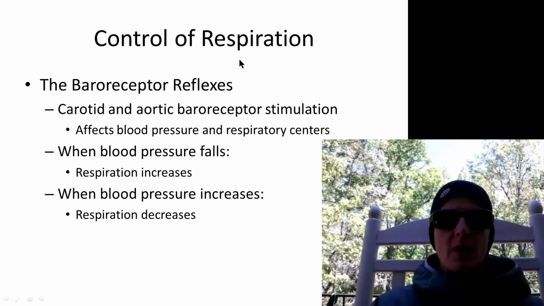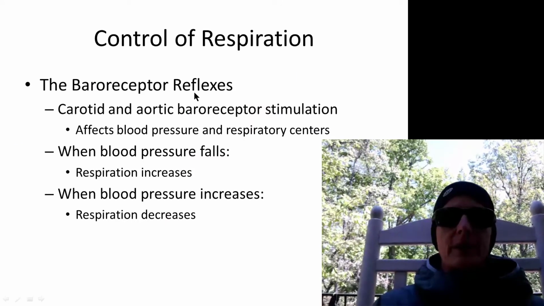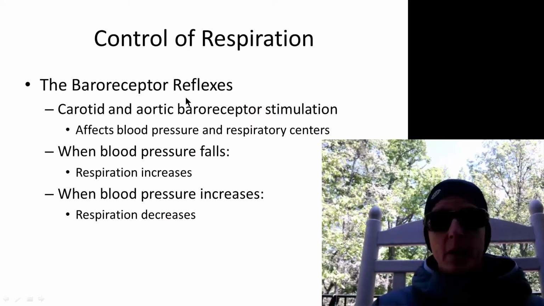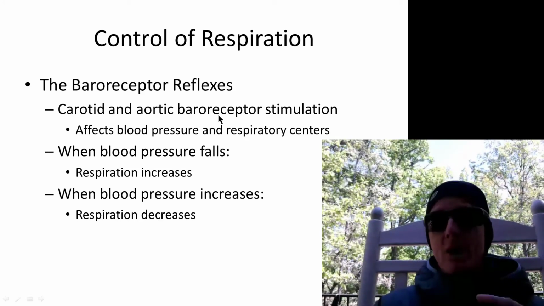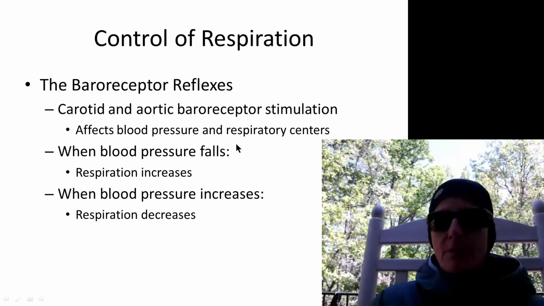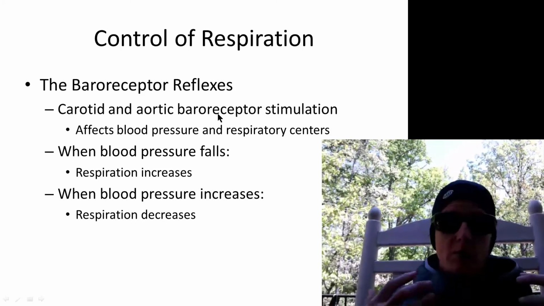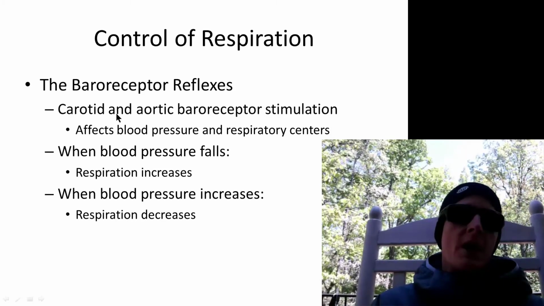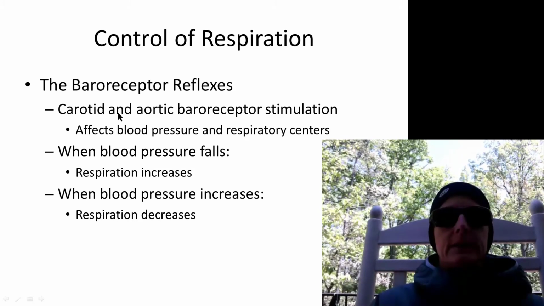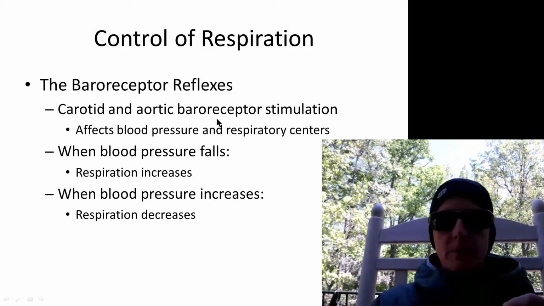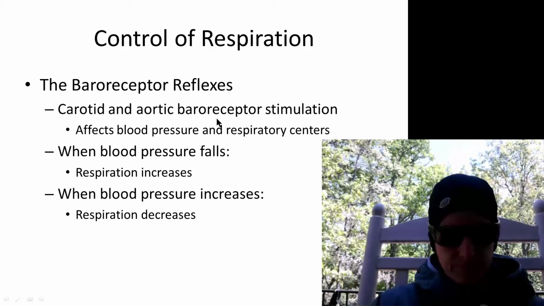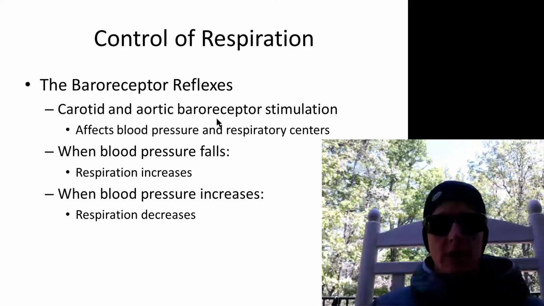All right, so we've got several reflexes, baroreceptor reflexes. Now remember, baro is pressure. So we have got carotid and aortic baroreceptors, and these are going to affect blood pressure, or monitor blood pressure, I should say. So remember, in our carotid sinuses and our aortic sinuses, we have these baroreceptors that are going to detect distension of these vessels.